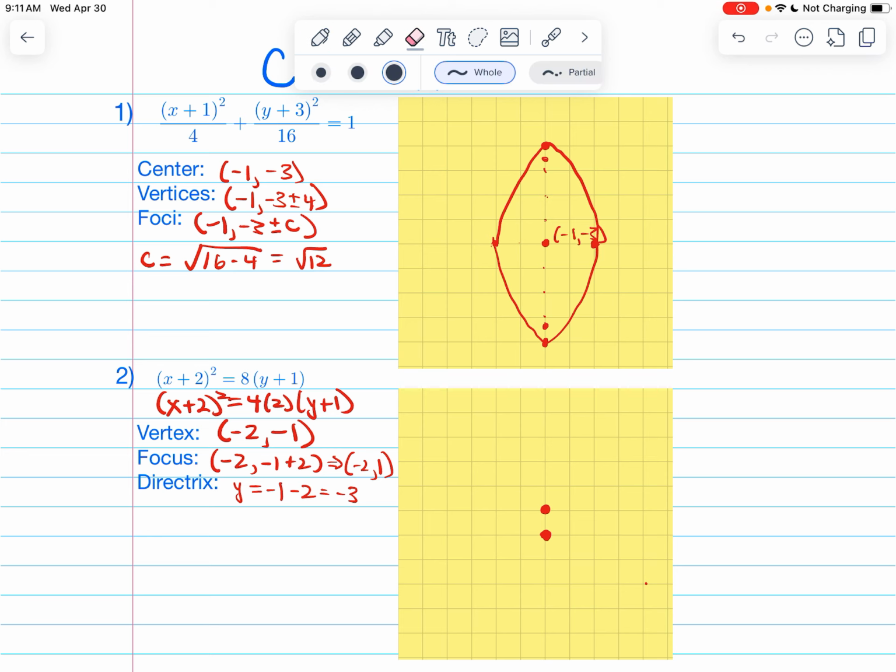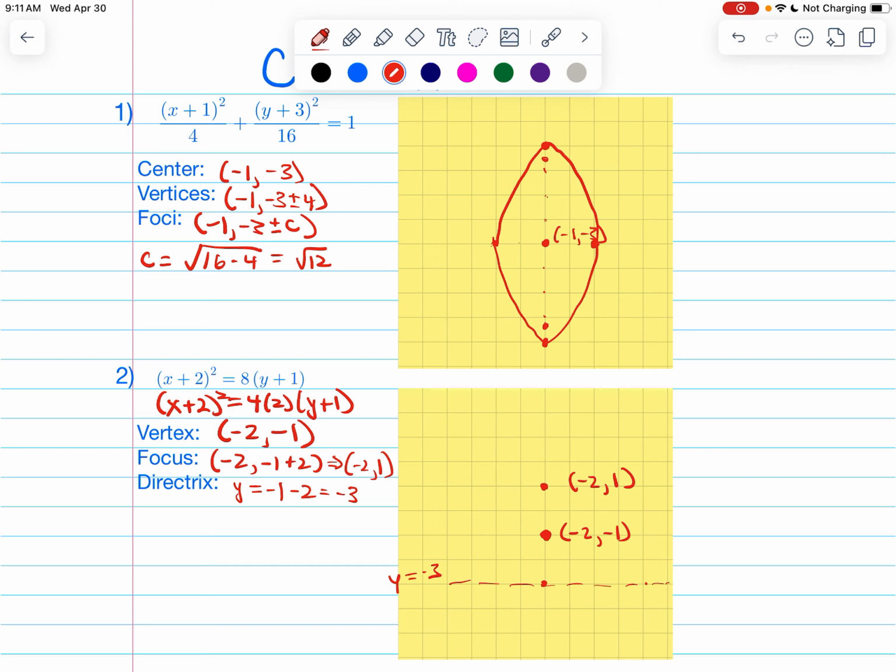Actually, the way I drew this, you're going up 2. Sorry about that. There we go. We're going up 2. Now we're going down 2 right there. Okay, there it is. Just to reiterate, this point right here is -2, -1, and this point right here is -2, 1, and this down here is y equals -3.